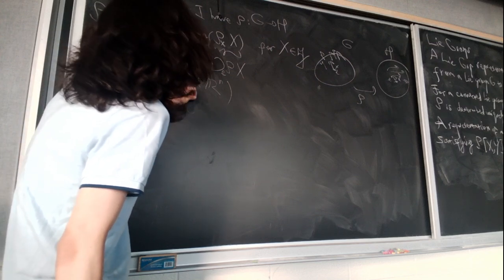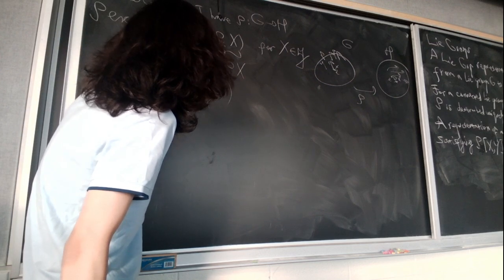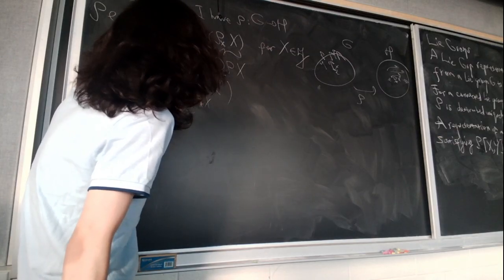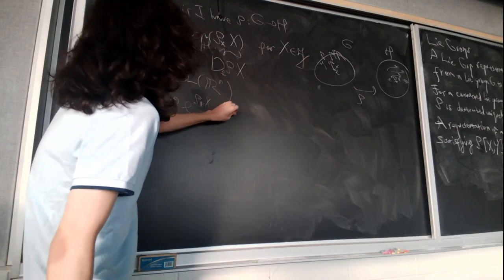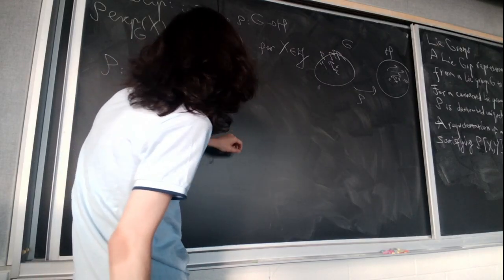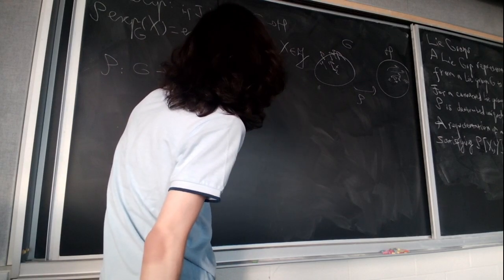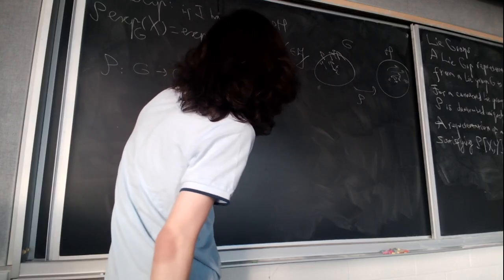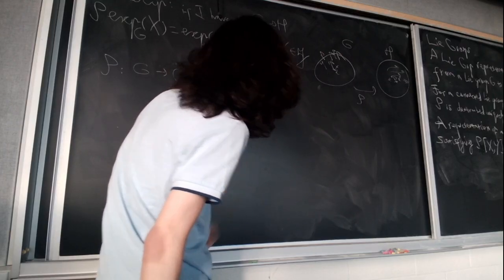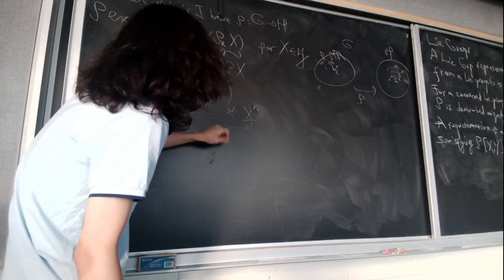I guess I should write it as rho push forward X. This is literally just going to be a sum of X^k over k factorial, from 1 to infinity.